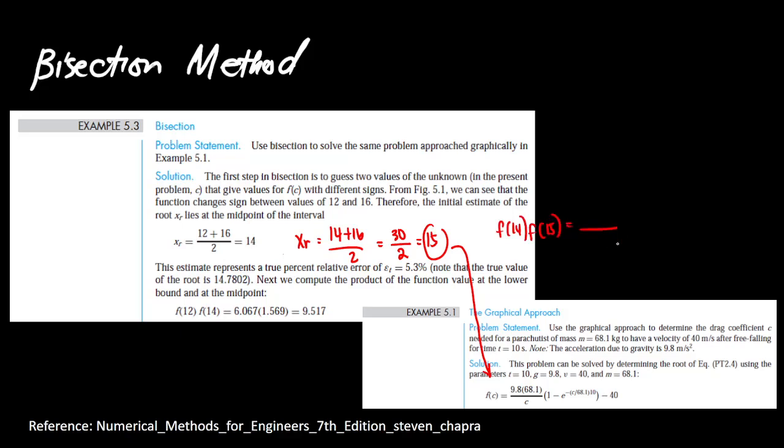If that is greater than 0, you should replace the lower guess. If it is lesser than 0, then you should replace the upper guess.